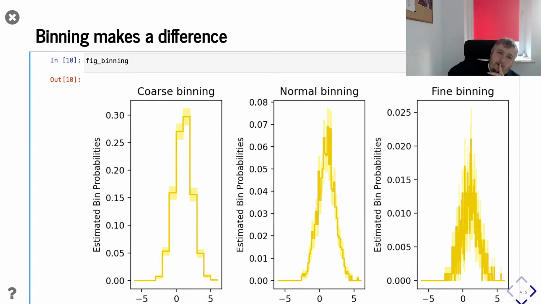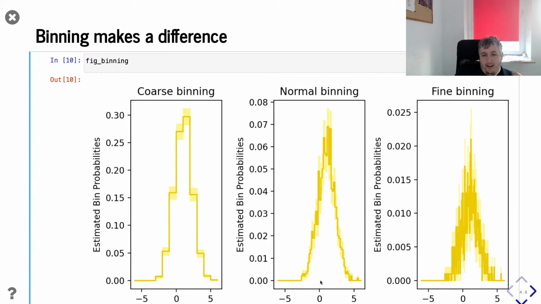However, the problem with the histogram, as always, is the selection of bins, because the way we split our data range into intervals influences the uncertainty and quality of approximation. When you take a coarse binning, you see that our representation of the normal distribution is very poor. It's not regular. We cannot see this normality that well.